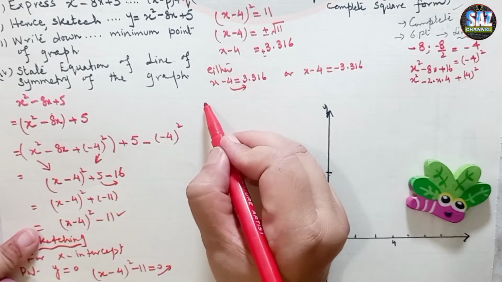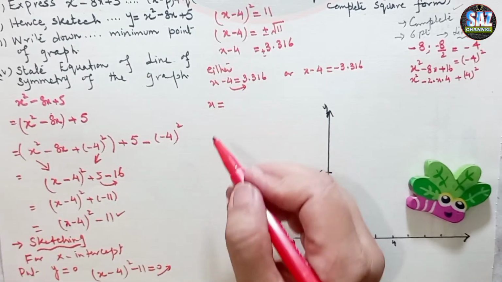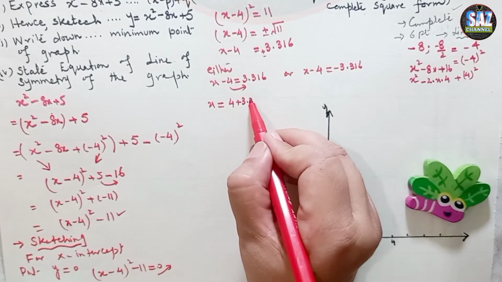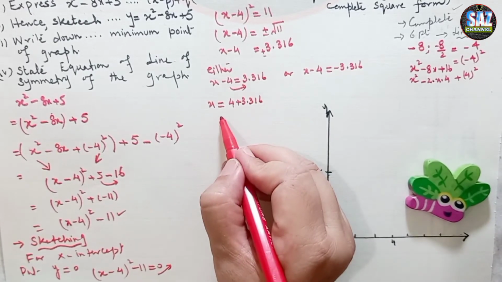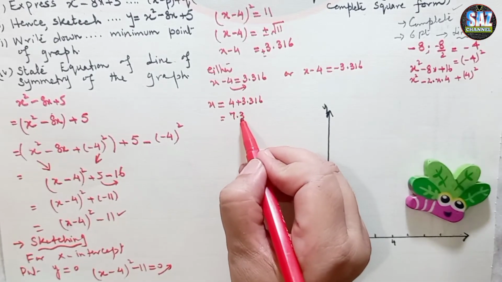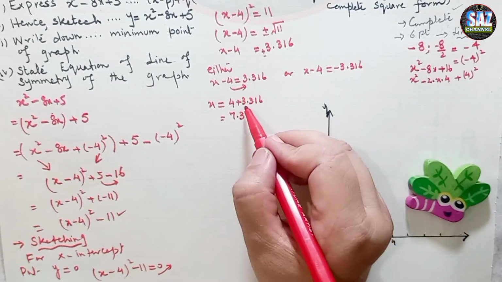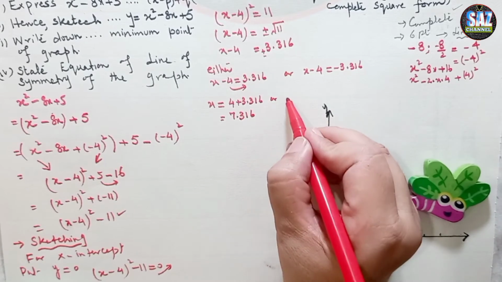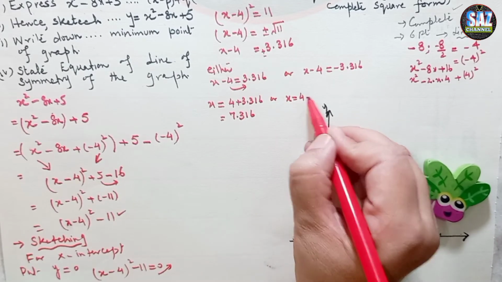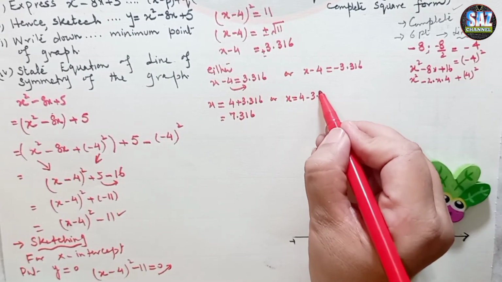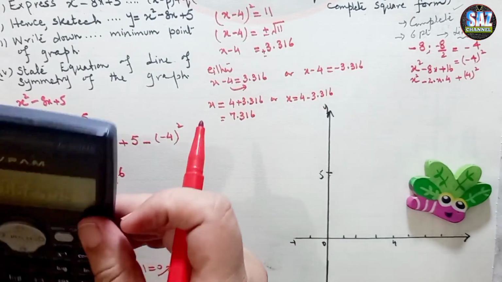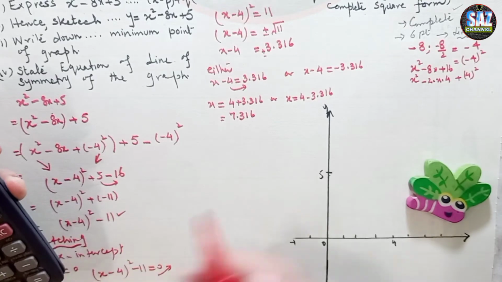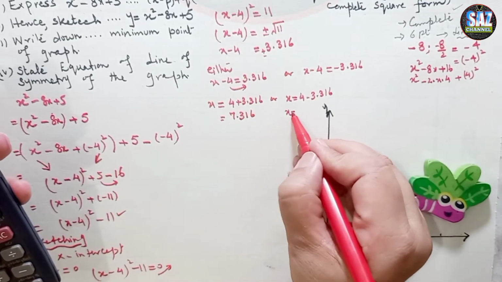Shift 4 to the other side, x equals to 4 plus 3.316, and that will give me 7.316. On the other hand, x equals to 4 minus 3.316, and this gives me 0.684.